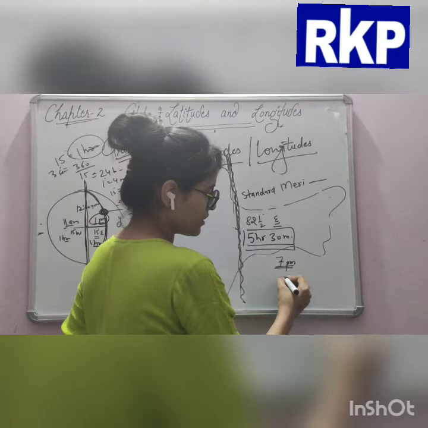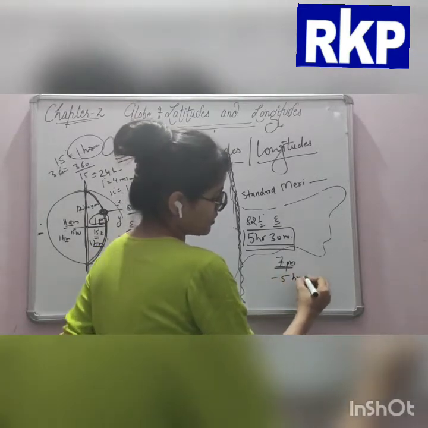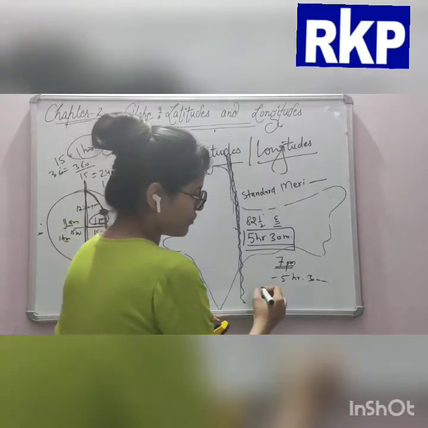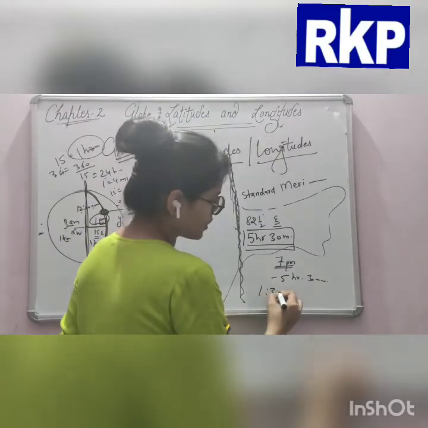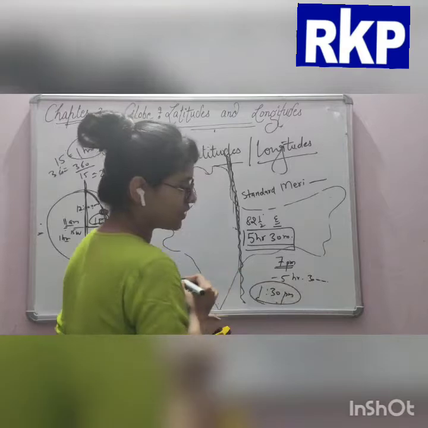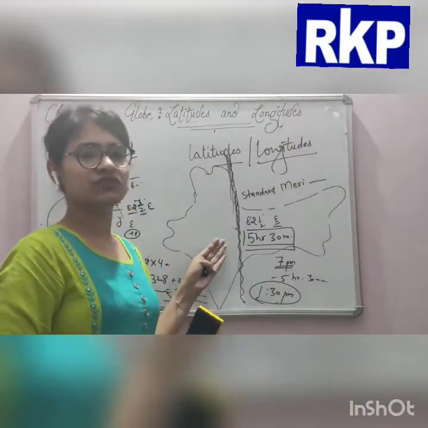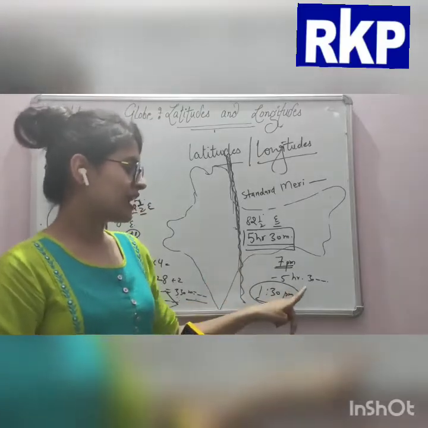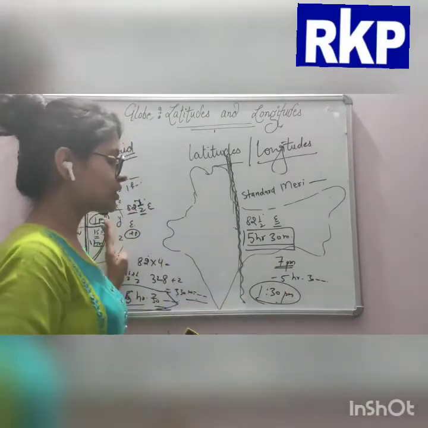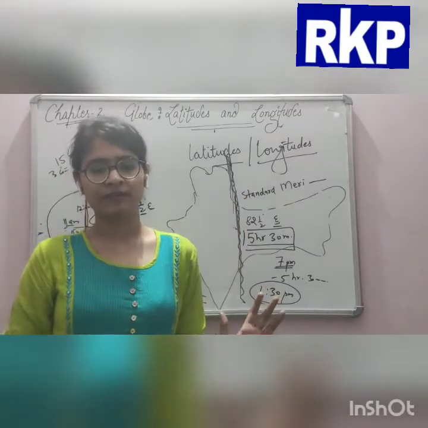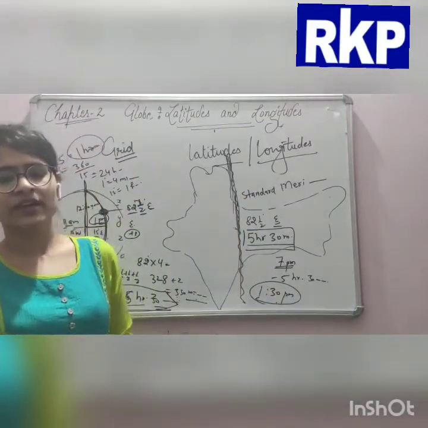We will subtract 5 hours and 30 minutes, so it will be 1:30. The time in our country, the standard time which we are following, is 5 hours and 30 minutes more than the prime meridian, and this is called standard time. Clear?